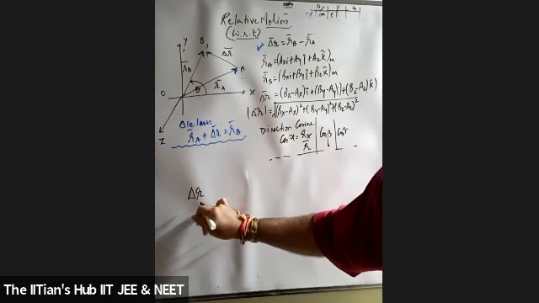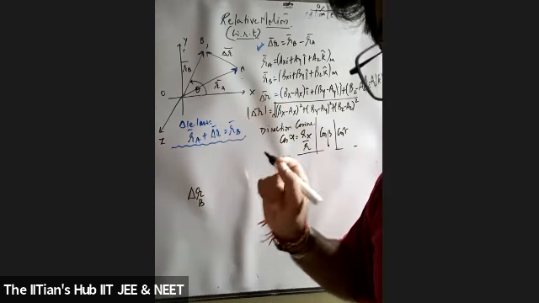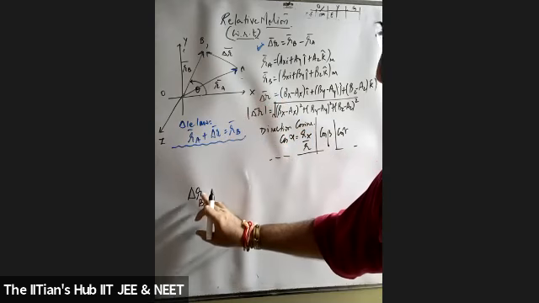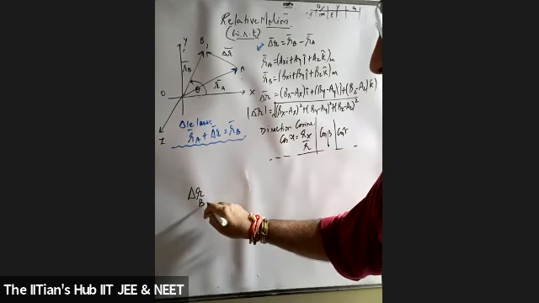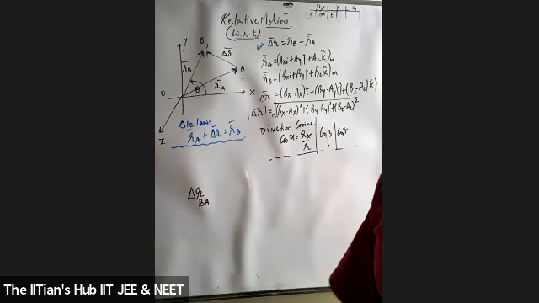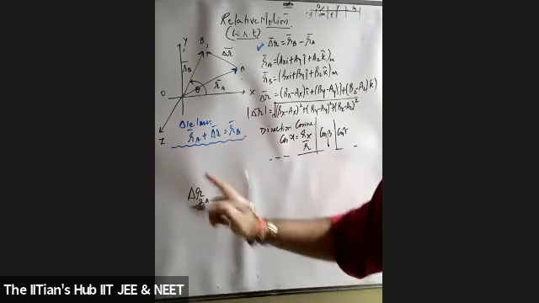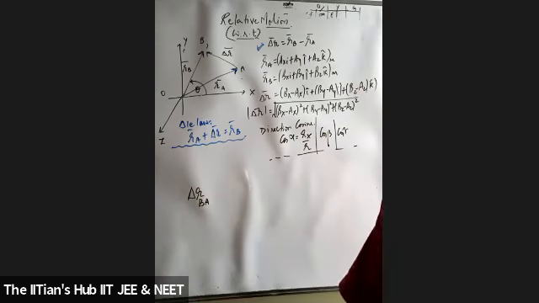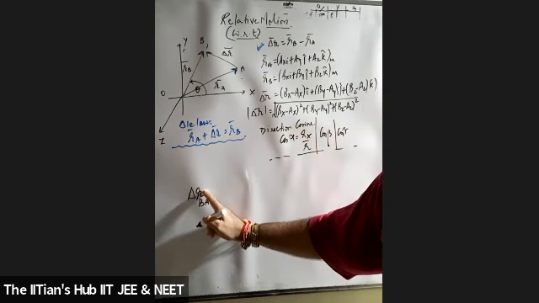Of the particle at B. Listen carefully. Listen to my words. Change in position of the particle at B with respect to position A. Is this clear? If this is clear, everything ahead will be clear. I'm saying again: change in position.